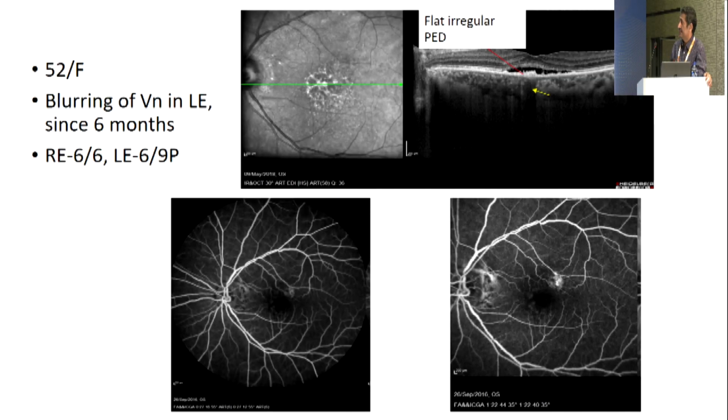The other important group is patients with chronic CSCR who don't respond, where the fluid remains for up to 4 to 6 months, and there's a flat irregular PED that is known as FIPED. Such patients could also harbor neovascularization, known as pachyneovasculopathy. The FFA may not give much information, it just shows a hyperfluorescence.